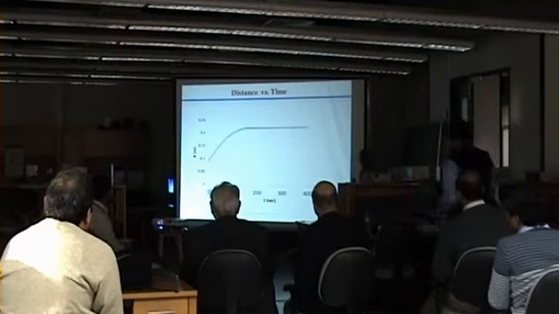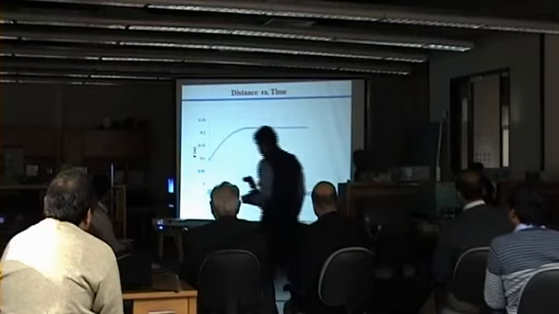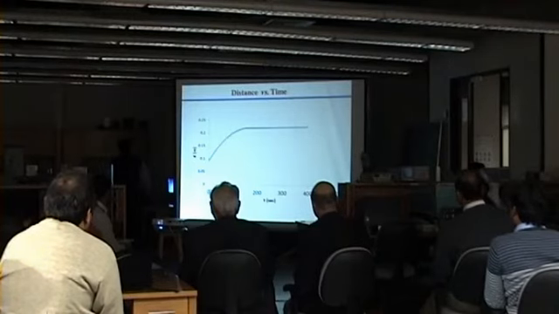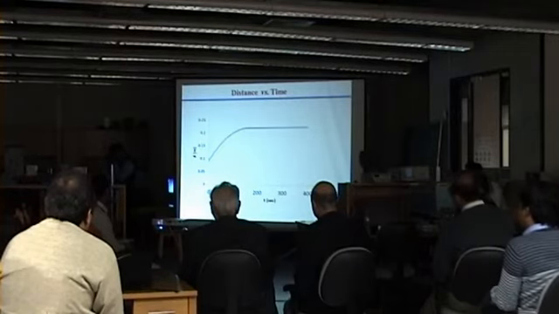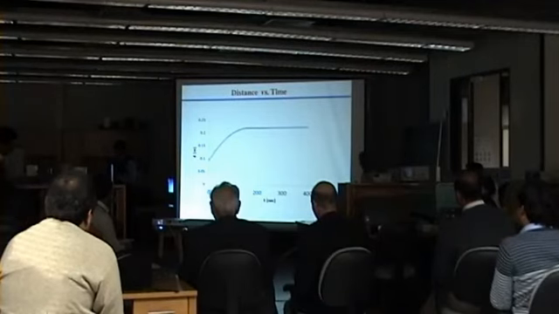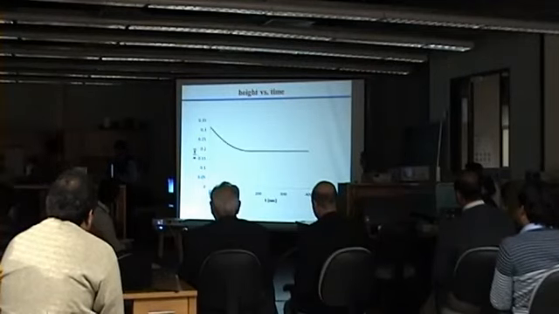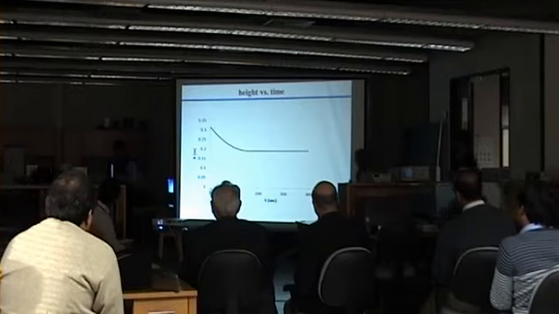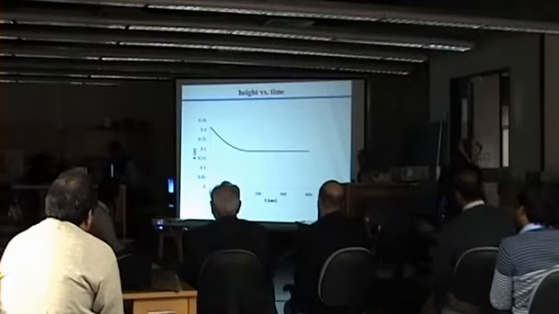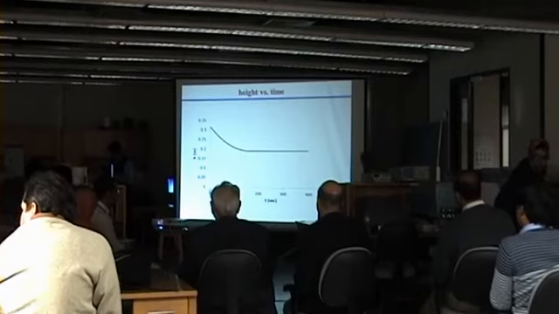First of all, we got the relation between D and T. D is the distance that the detector of the sensor detects, and we can see that D increases as time goes on. Also, we calculated the relation between H and T, and we got that H decreases as time goes on.